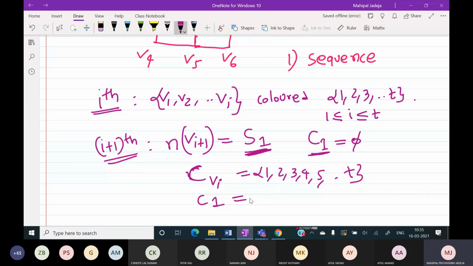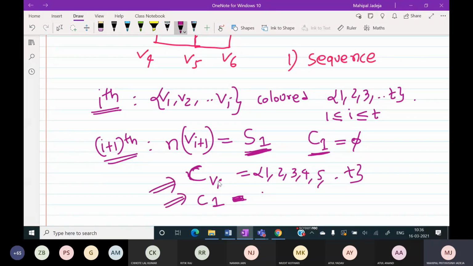This set can be anything, we don't know, but it is a set of colors corresponding to the neighbors of Vi plus 1. So again, it can be anything. We don't know about this particular set, so we won't write its specific values, but we have these two sets.